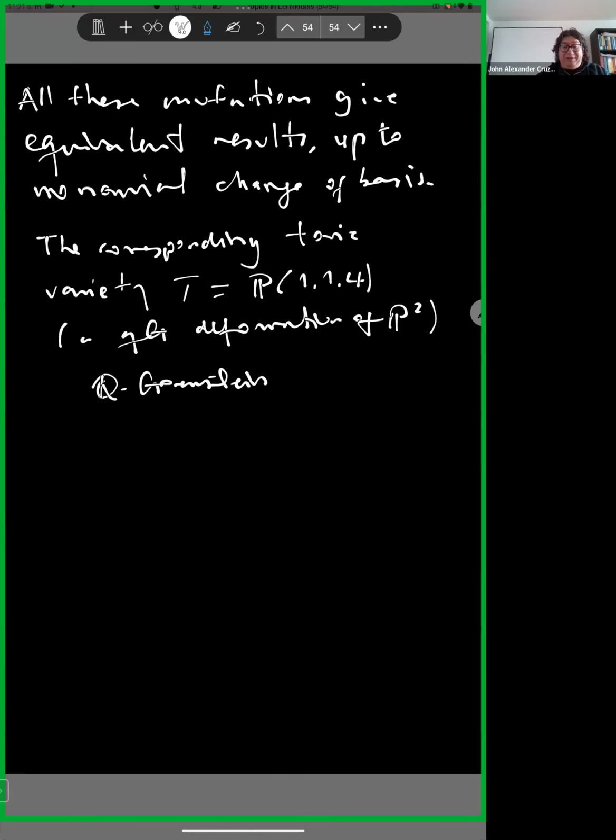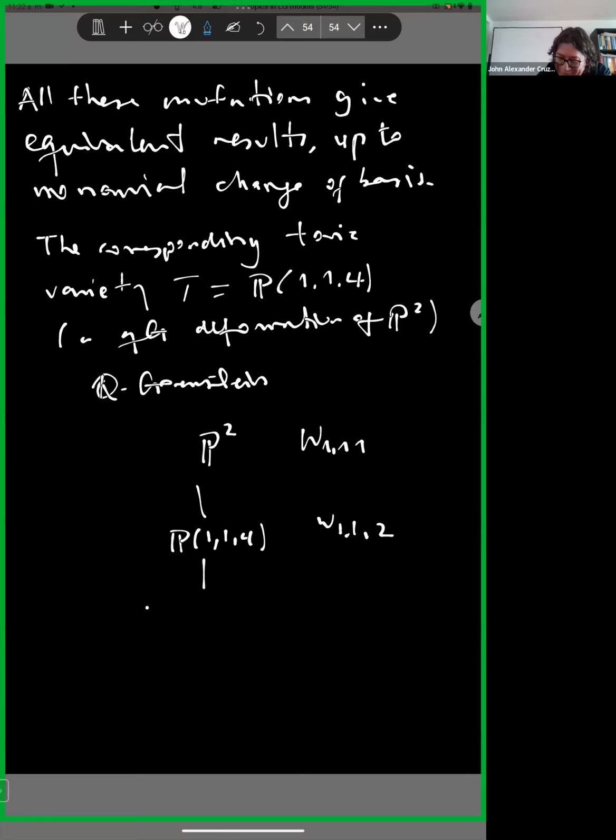So what we see is that there is this change. We start with P2 and its mirror, which is 1, 1, 1. So we get this degeneration, this deformation here, which is P(1,1,4). This is W1, 2, right? You see, 1 is 1, 1 squared is 1, 2 squared is 1.